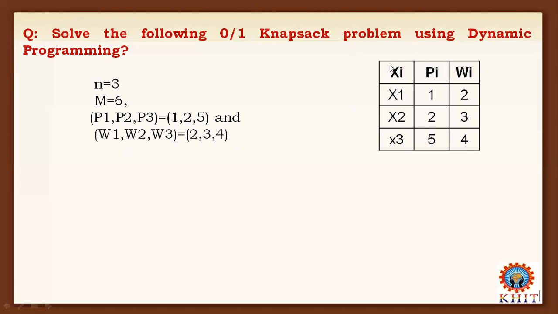The table contains xi, which specifies the total number of items x1, x2, x3, and the corresponding profits Pi, P1, P2, P3, and weights W1, W2, W3. So we need to generate one table.